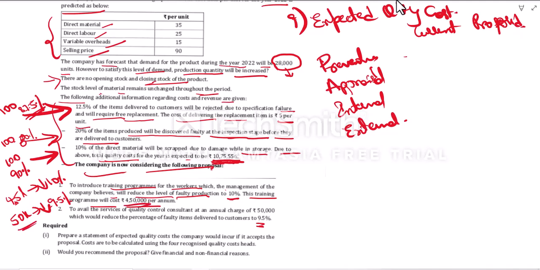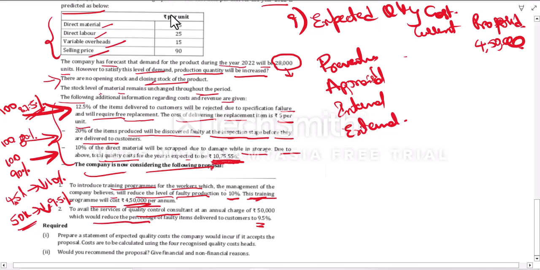The 4,50,000 is for quality training purpose, meaning it is a preventive cost. Next, 50,000 is to avail the quality control consultant at an annual charge. This will reduce the percentage of faulty items delivered to the customers. It is an appraisal cost.